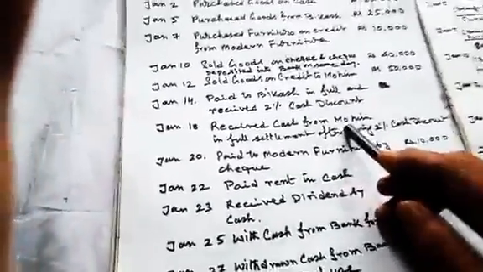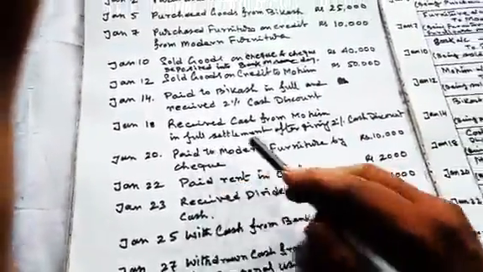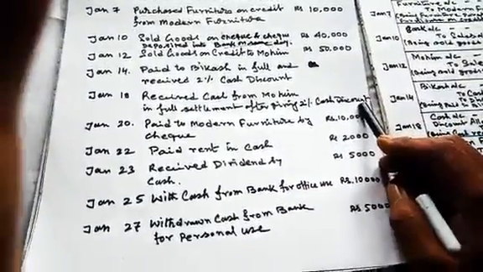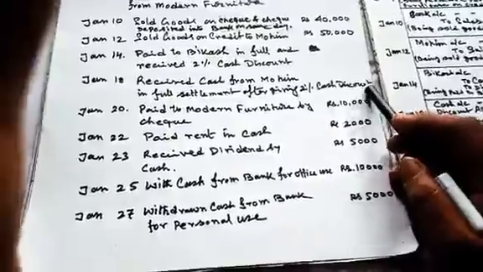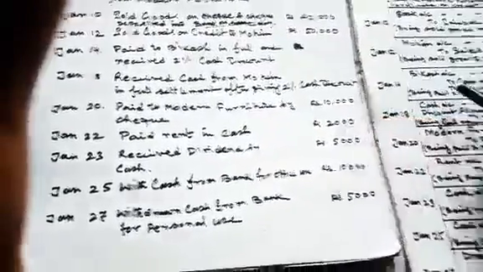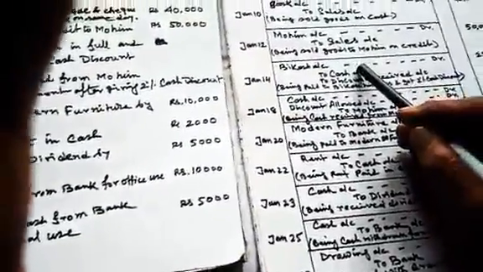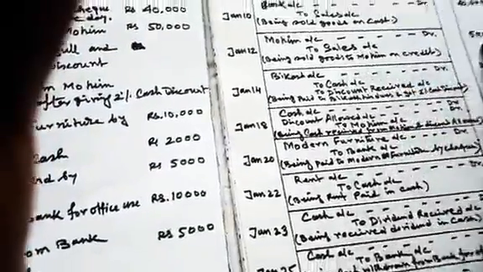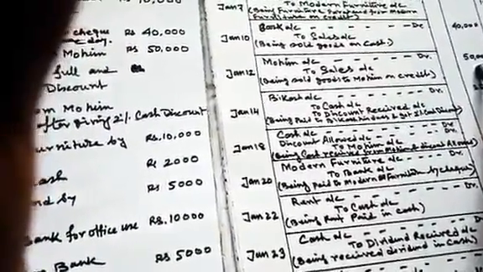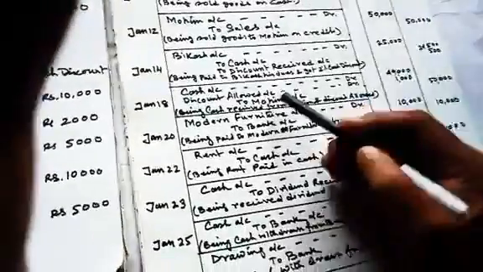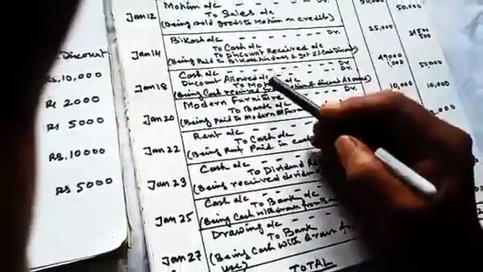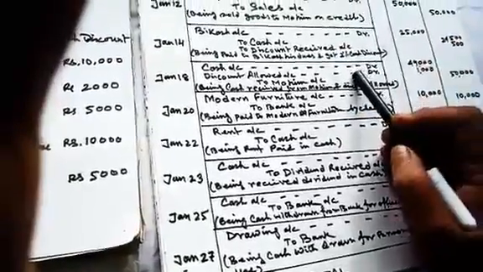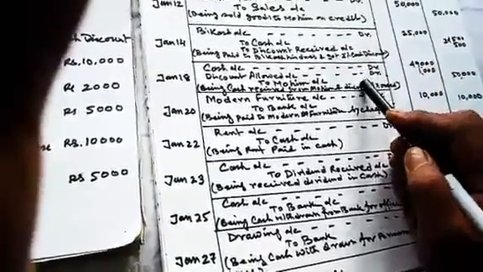Received cash from Mohim in full settlement after giving 2% cash discount. So what are the dues of Mohim? The dues of Mohim are 50,000. But you are giving a 2% discount. On 50,000, 2% discount is 1,000.